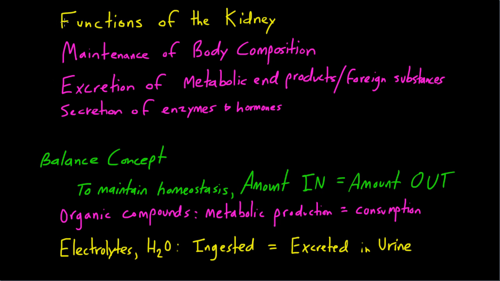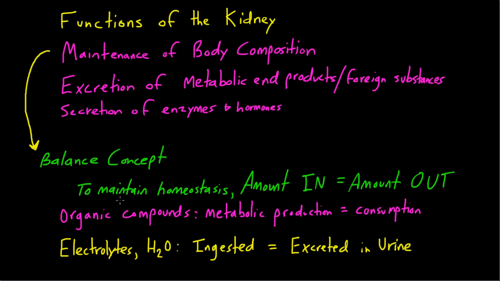Okay, so the main function I want you to keep in mind today is this maintenance of body composition. And to help understand that, I do want to talk about the balance concept, which is really important to understanding renal physiology. So remember, the body likes to keep certain things within certain parameters, like pH, extracellular fluid volume, and the concentrations of different ions.